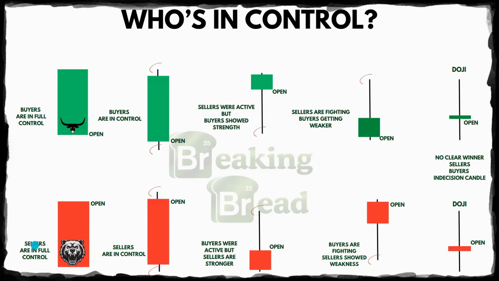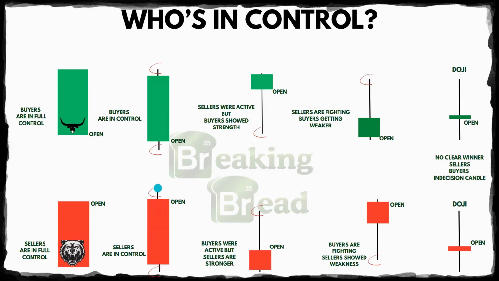Now, for the seller side of trading, it's pretty much the same thing, but in reverse, right? We see a full-on body candle like this, that's letting us know that sellers are definitely in control, right? We don't have a wick at the bottom, no wick at the top. So your sellers are definitely in full control here. In this candle here, we do have a wick at the top and a wick at the bottom, right? But we open at the top of a red candle.